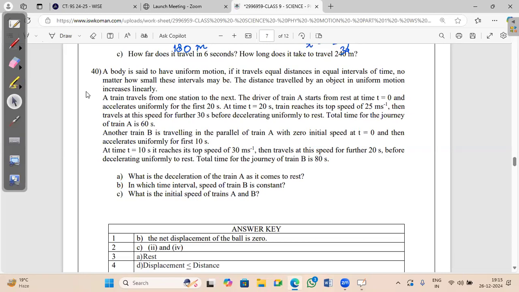Okay, so now the questions are: what is the deceleration of train A as it comes to rest?